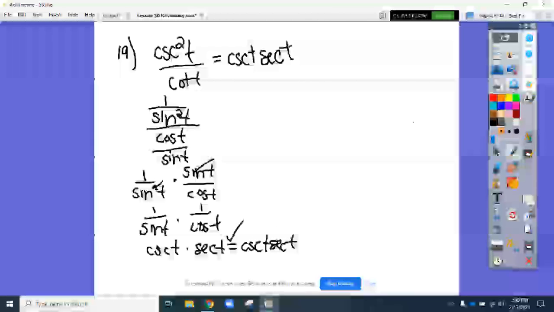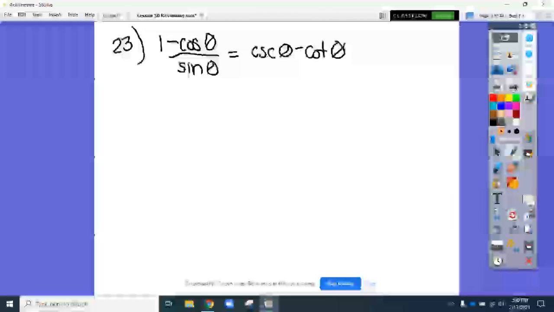All right, next up we have number 23. For number 23, again, you pick your side. I'm going to go with the right-hand side. So I'm going to rewrite cosecant as 1 over sine theta. And cotangent is cosine over sine.